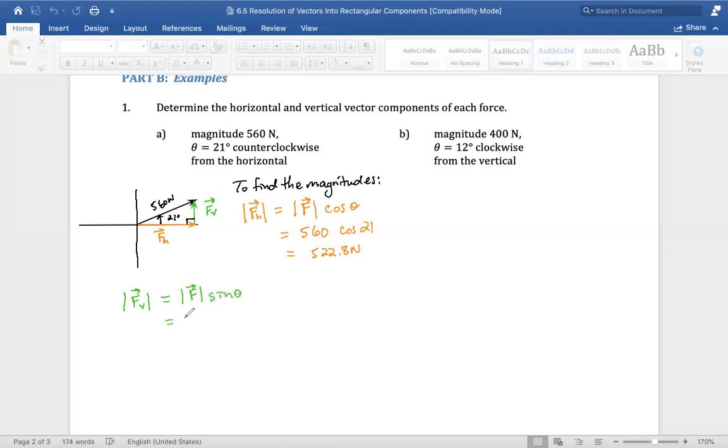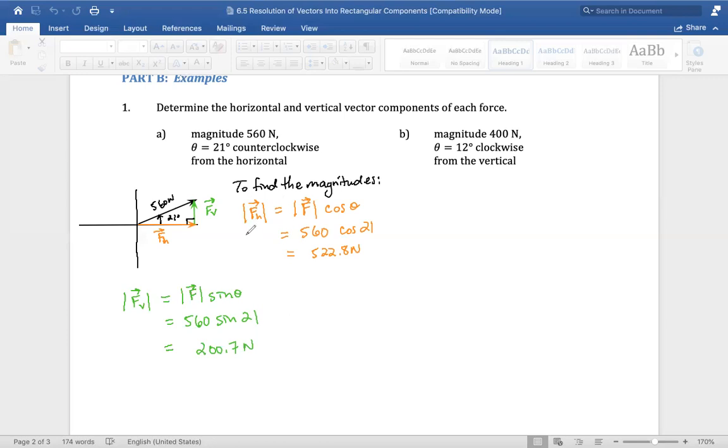So again, that force was 560 newtons, the sine of 21 this time. Whatever theta is going to be the same. You're just switching it from cos to sine depending on which one you're solving for. And so that answer is 200.7 newtons.